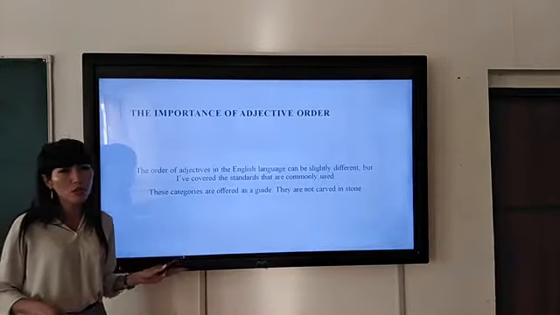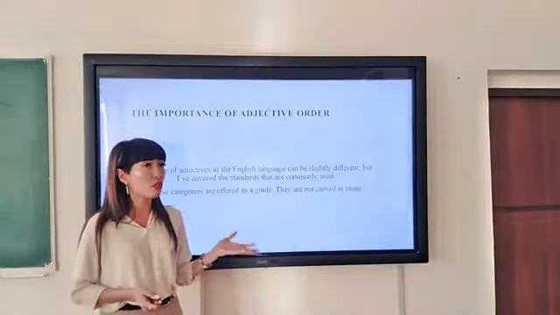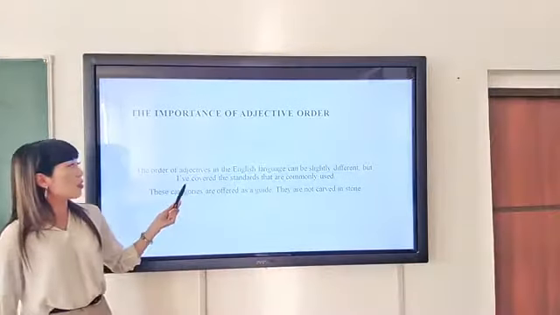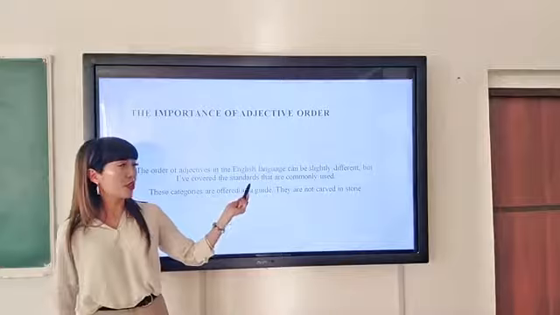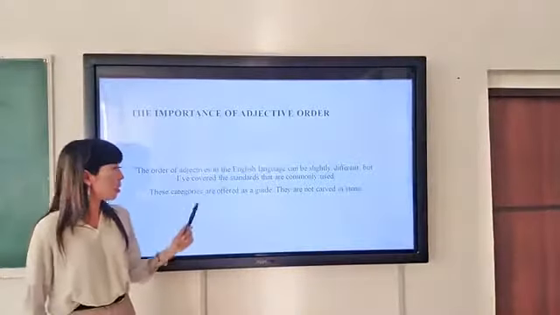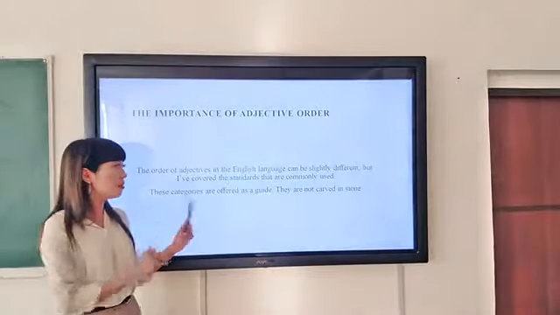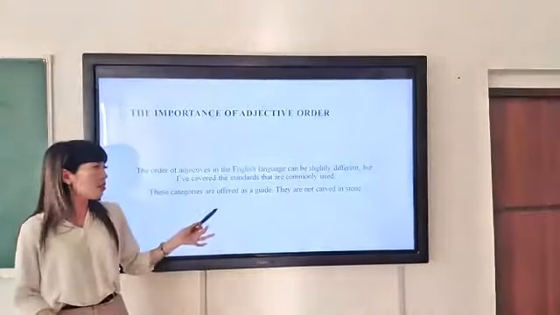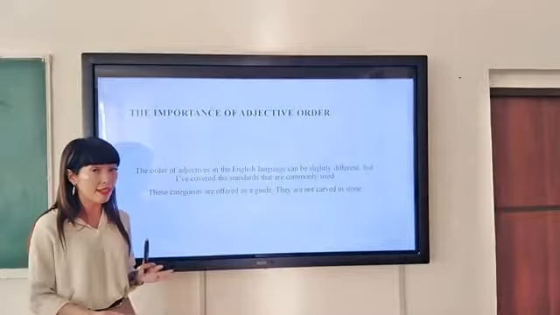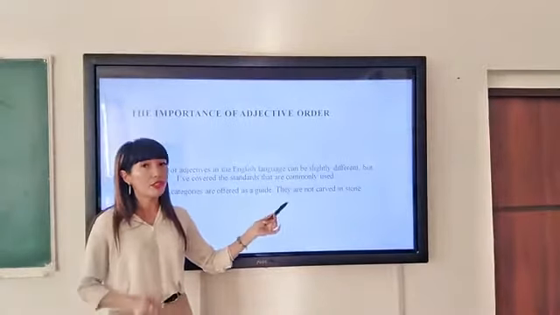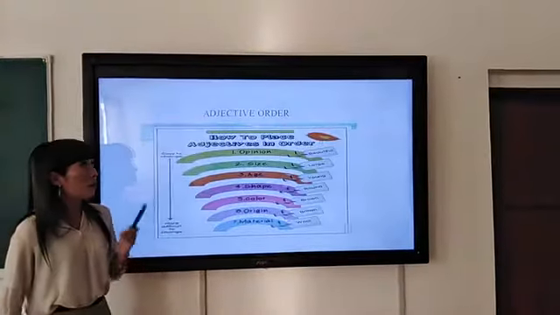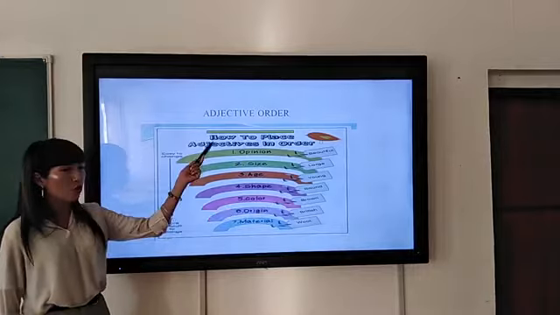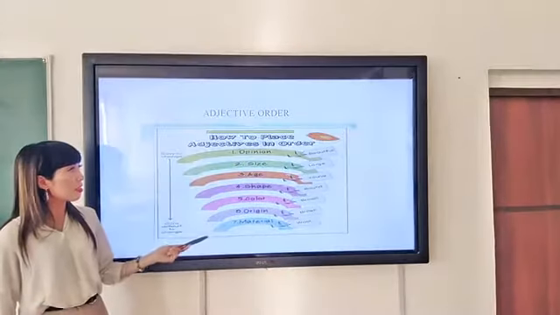So, the importance of adjective order, why is it so important? The order of adjectives in the English language can be slightly different, but I have covered it here. The standards are commonly used and the categories are offered as a guide, but they are not carved in stone. In this slide you can see the correct placement of adjectives.